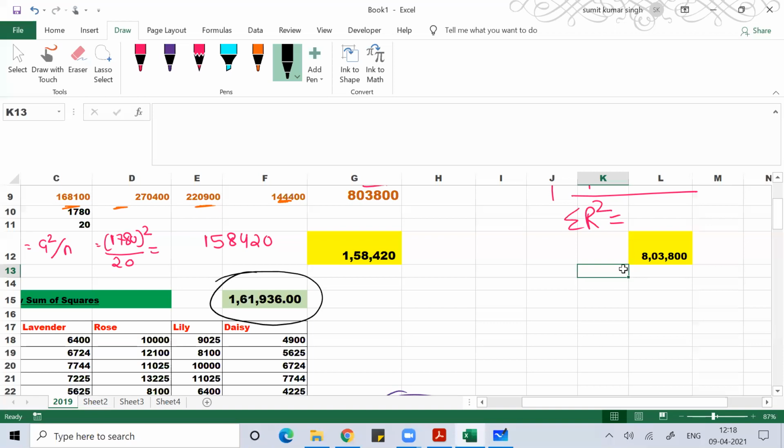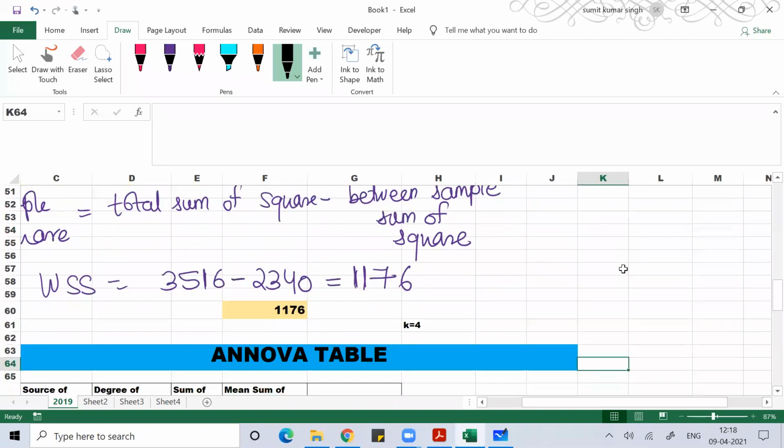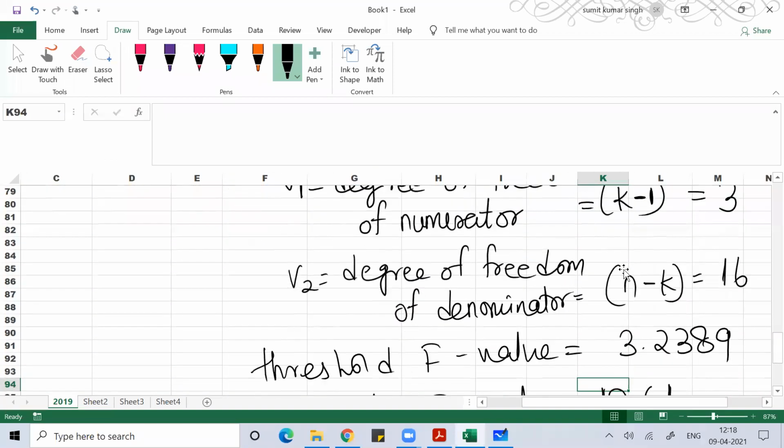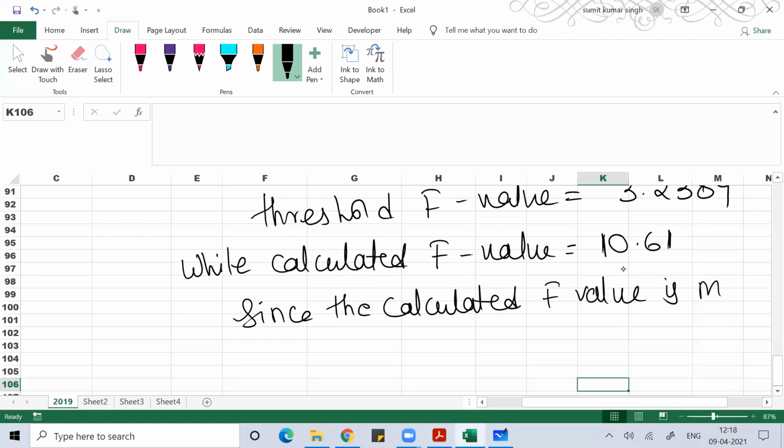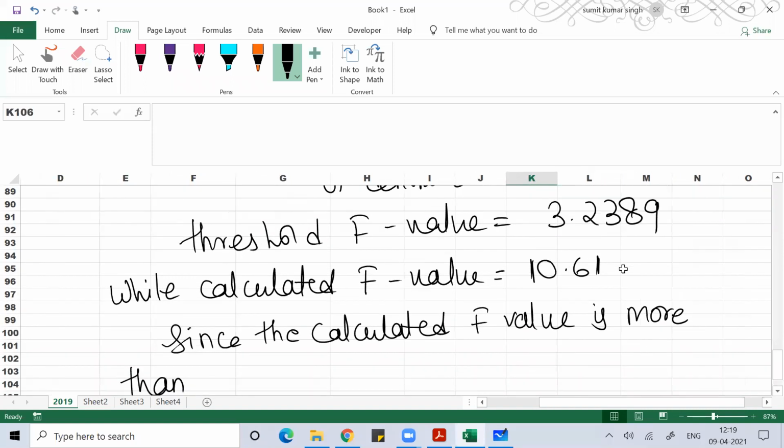Since the calculated F value is more than the threshold F value, you can see the calculated F value is 10.61, and the threshold F value is 3.2389.